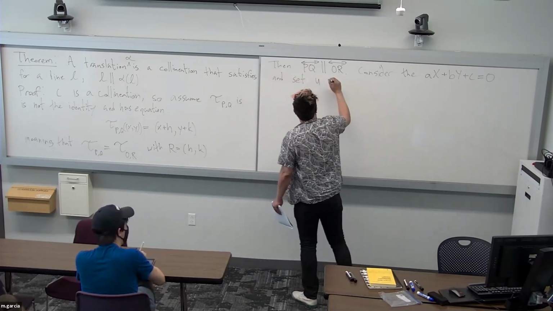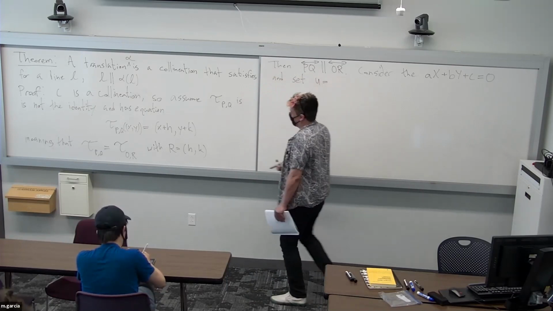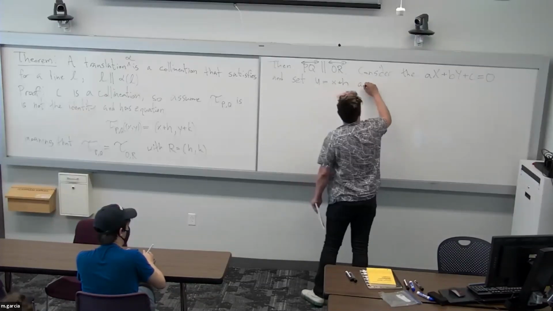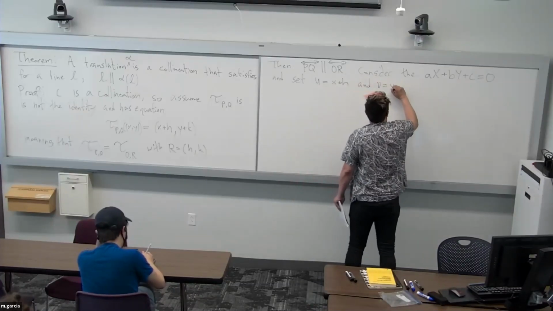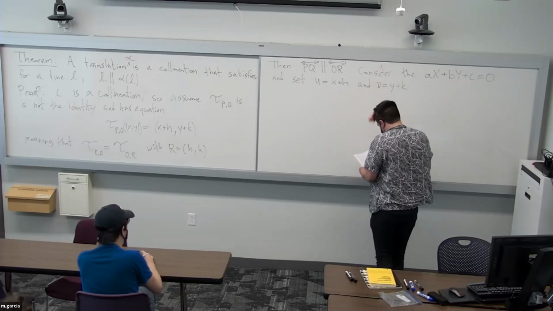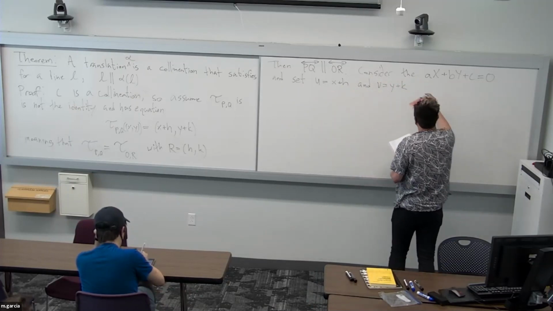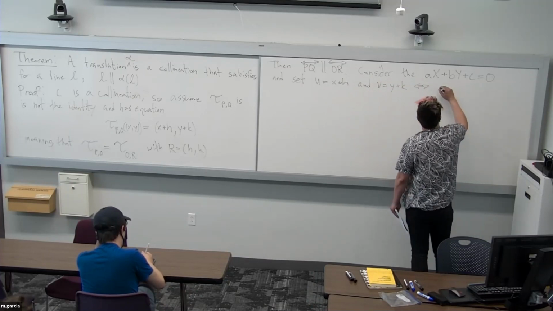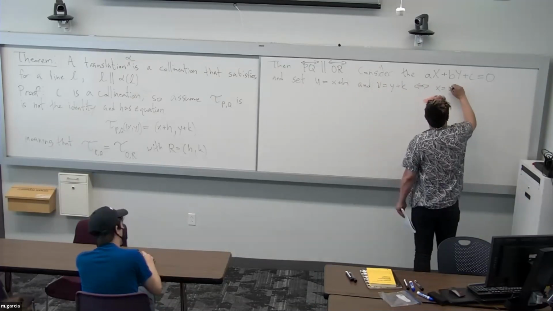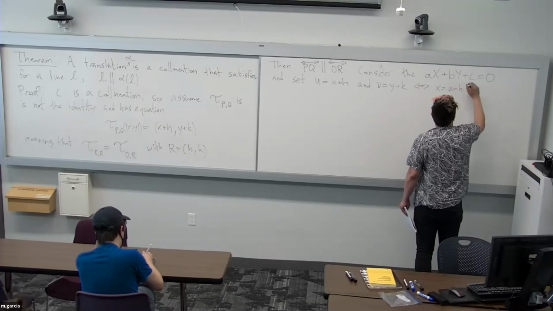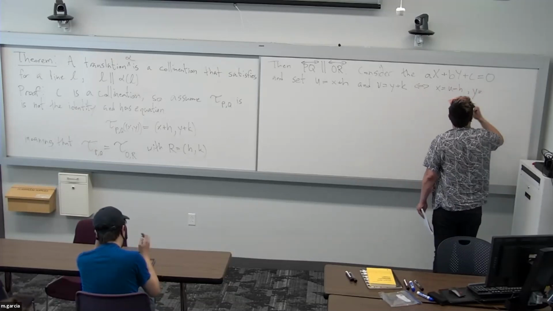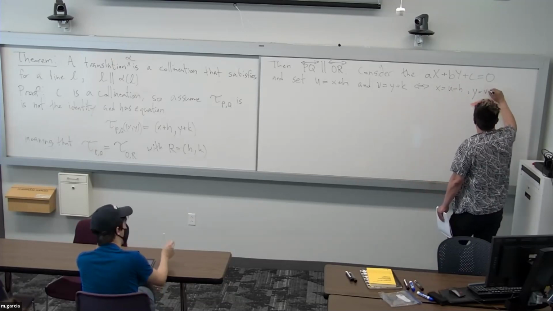It's the same procedure. We set u equal to x plus h, and v equal to y plus k, which, solving for x and y, just gives us x equals u minus h, and y equals v minus k.